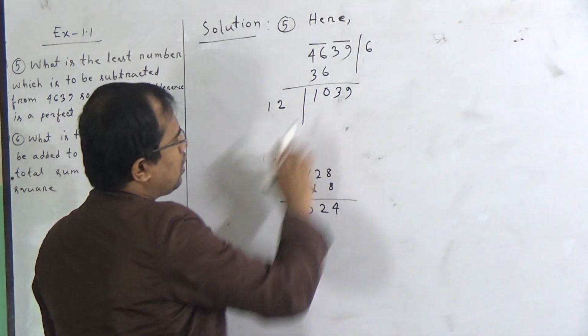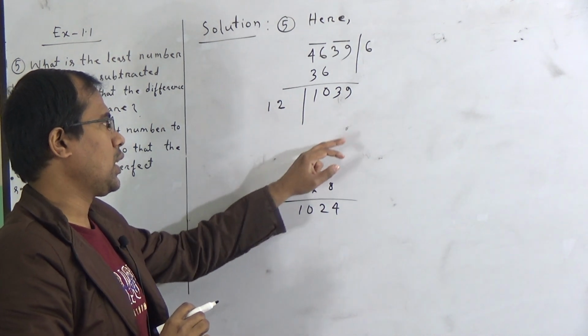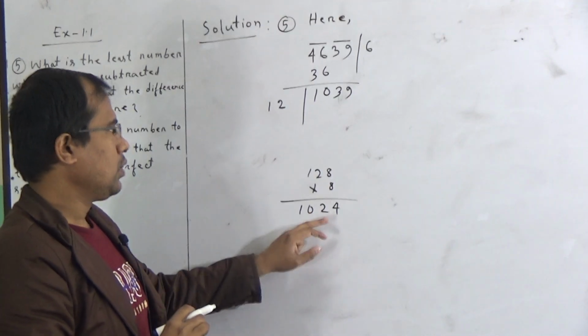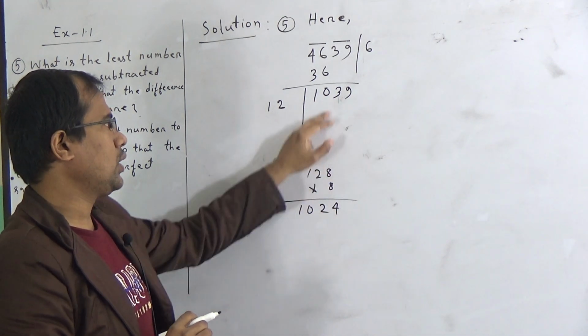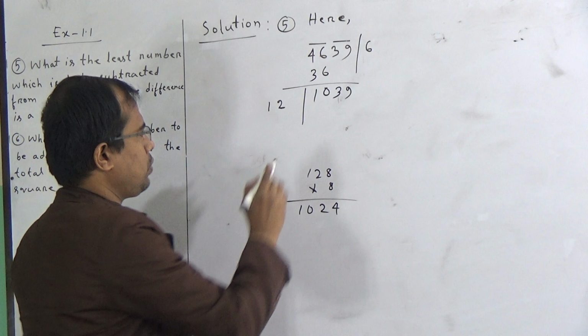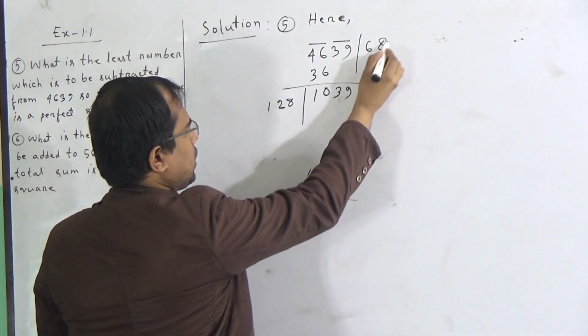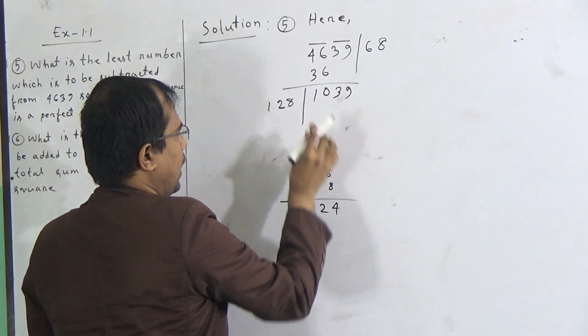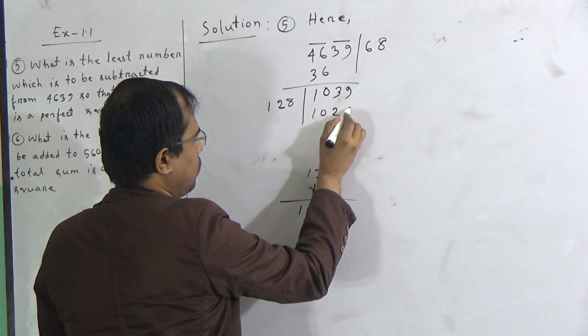It's 1024, the nearest number and smaller than 1039. This number is the nearest number of 1039 and it is smaller than 1039. So you have to take 8 here. And also you have to take 8 here. Now 8 multiplied by 128, then it will be 1024.